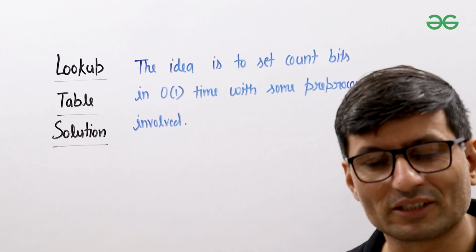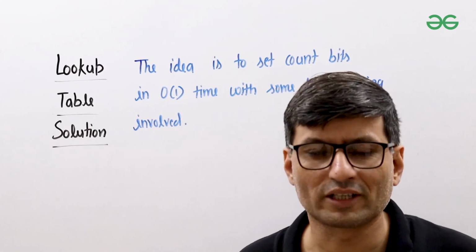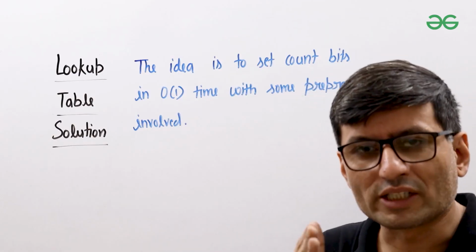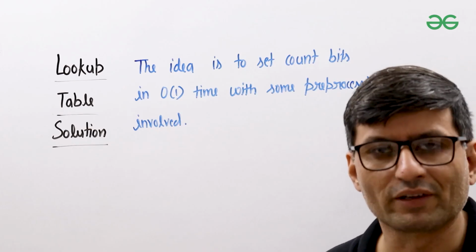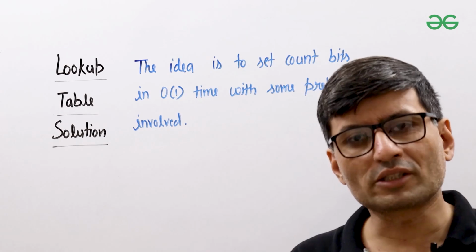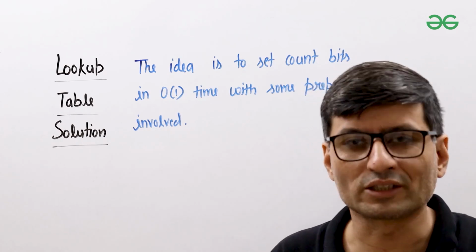And such numbers are going to be huge. You are going to have 2 raised to the power 32 different numbers, which is a huge count, and it's not a good idea to count set bits in every such number and then answer. The table is going to be really, really big where you are going to store the count. Instead of that, we are going to count set bits for a smaller set of numbers, and using this smaller set, we are going to answer the queries.